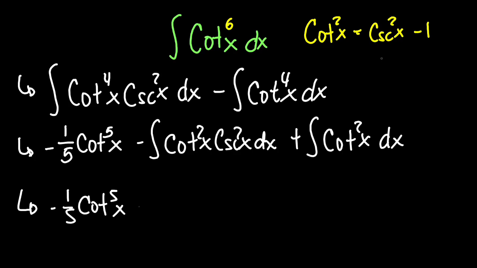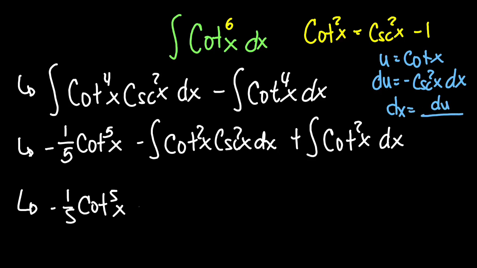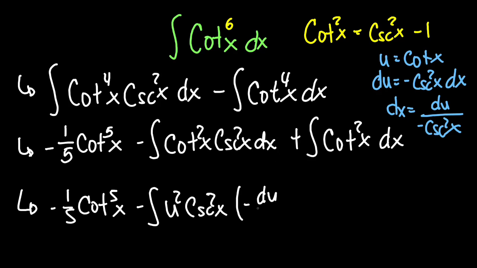Let u here again be cotangent of x. Taking the derivative of this, it would be equal to negative cosecant squared of x of dx. Dx right here would be equal to du over negative cosecant squared of x. Just for the first part once again, this would be negative integral of u squared multiplied by cosecant squared of x, and dx right here is equal to negative du over cosecant squared of x.